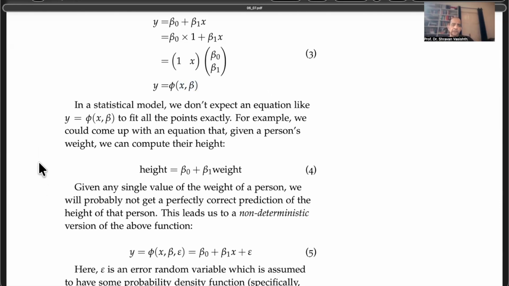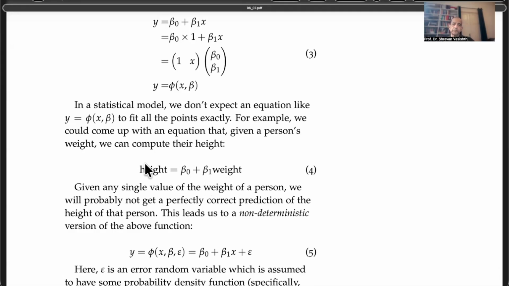Now the interesting thing is that in a statistical model, the relationship between x and beta and y is not going to be exact, in the sense that once I know x and beta, I cannot exactly predict y, right? There will be some deviation between the observed value of y and the predicted value of y, given some estimates or even knowledge of beta 0 and beta 1, okay?